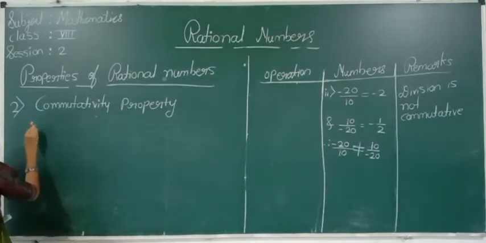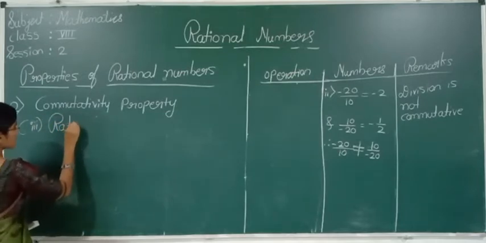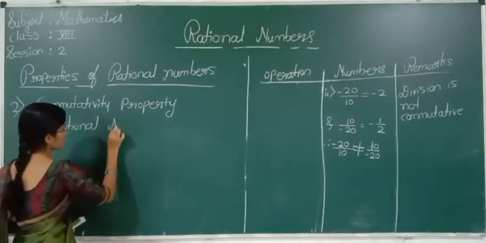Third one, commutative property for rational numbers.